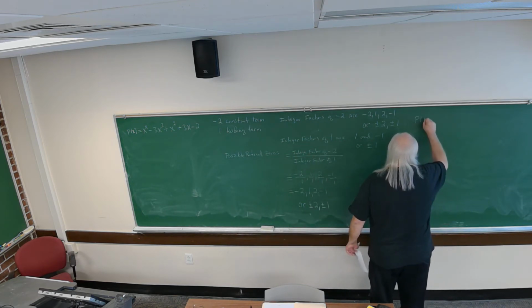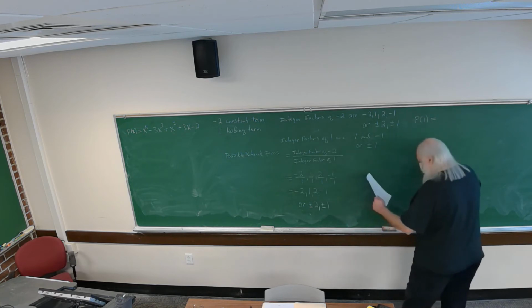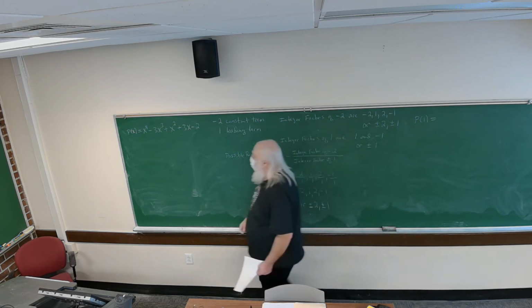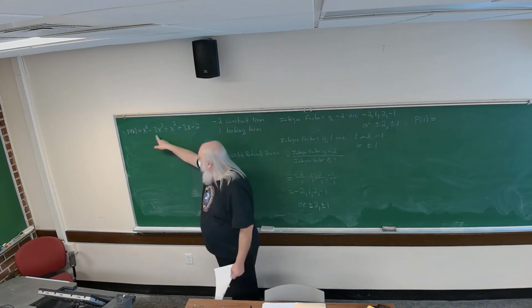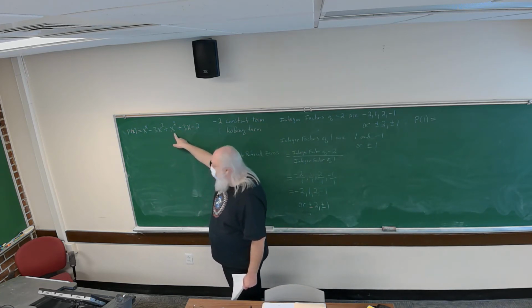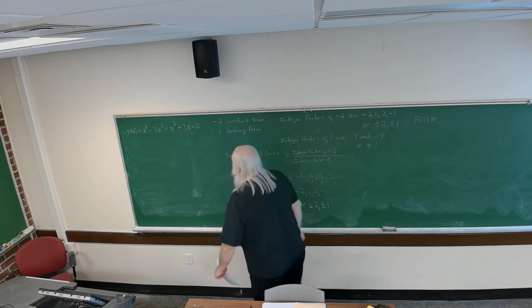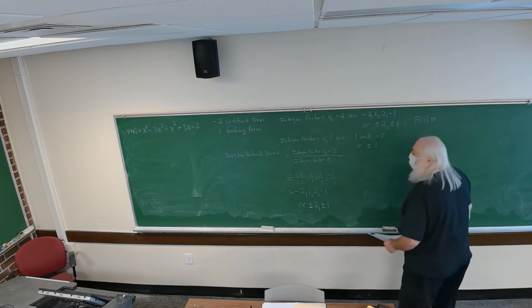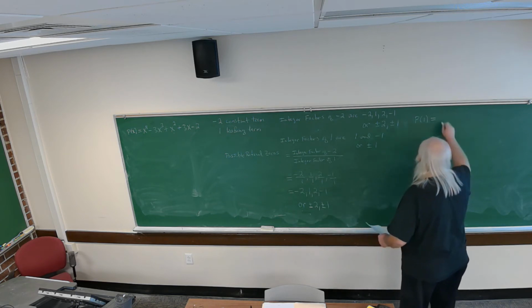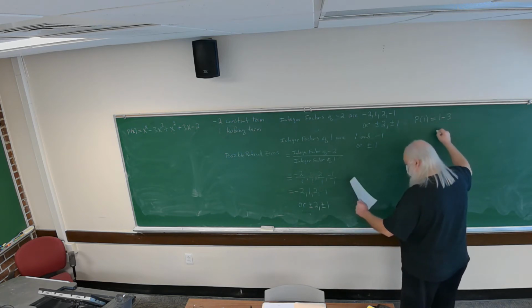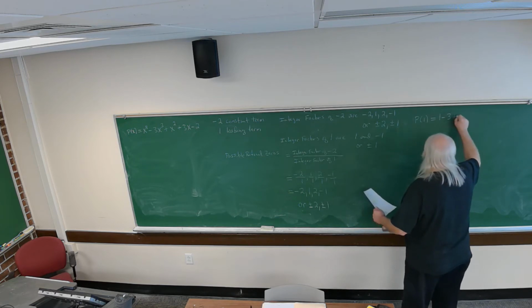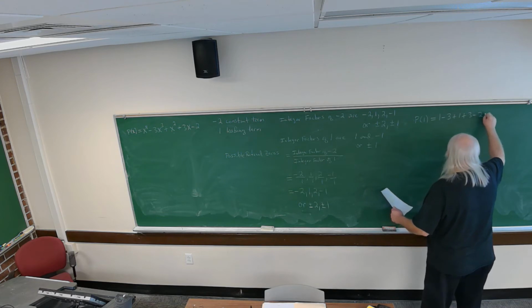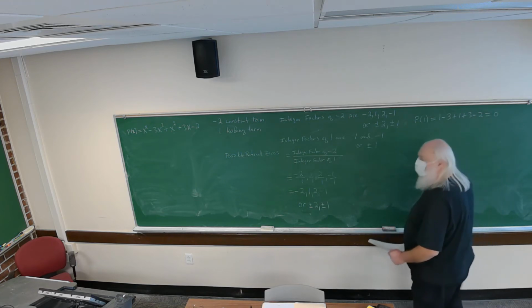So I have p of 1 is equal to, and when I put in 1 for x, right, 1 to the 4th is 1, 1 cubed is 1, 1 squared is 1, okay, right? And so when you put in 1 for x, you just end up adding the coefficients. 1 minus 3 plus 1 plus 3 minus 2, which is equal to 0.